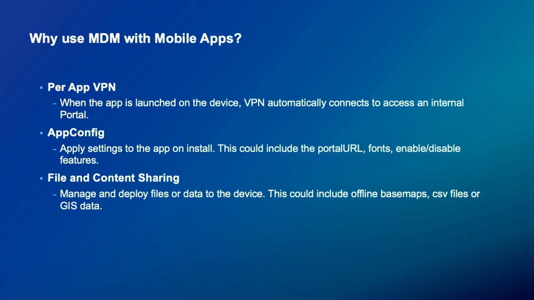They also want you to support this technology called app config, okay? These are the words that they're going to use. And they also want you to support the file and content sharing capabilities so that these MDM providers can enforce those policies on you, okay? So these things are the requirements from an app perspective for you to participate in the MDM space, okay?